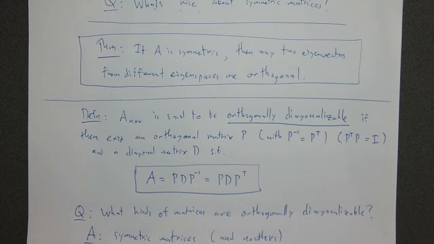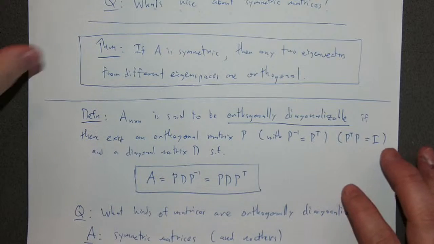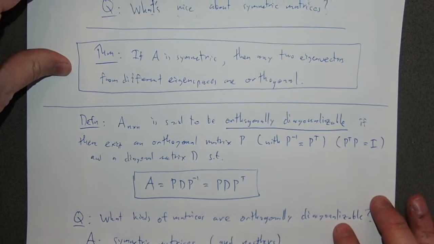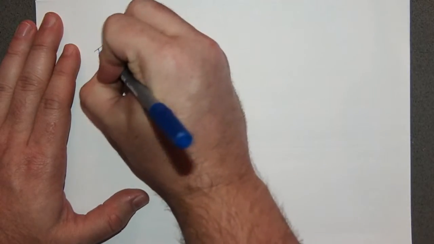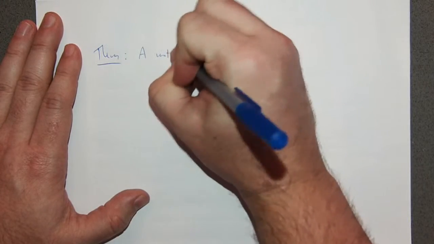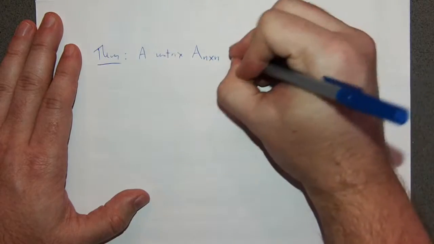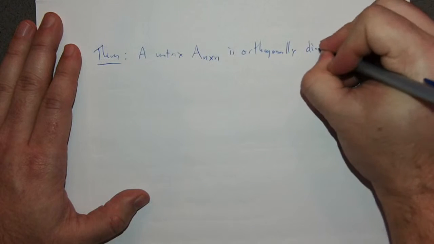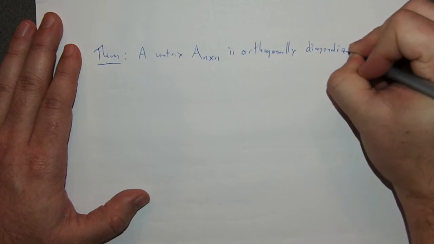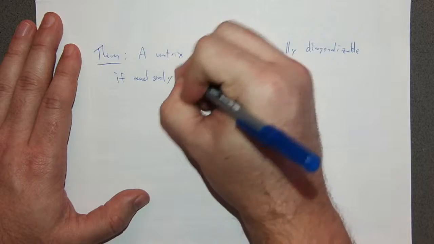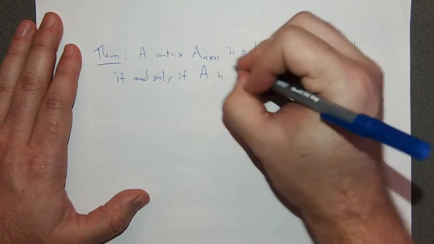So this is another fact that shows you how nice symmetric matrices are. So this question and answer bit is actually the contents of the theorem that I'll restate for the purposes of it looking nice. So there's this theorem, a matrix that's an n by n matrix is orthogonally diagonalizable if and only if A is symmetric.